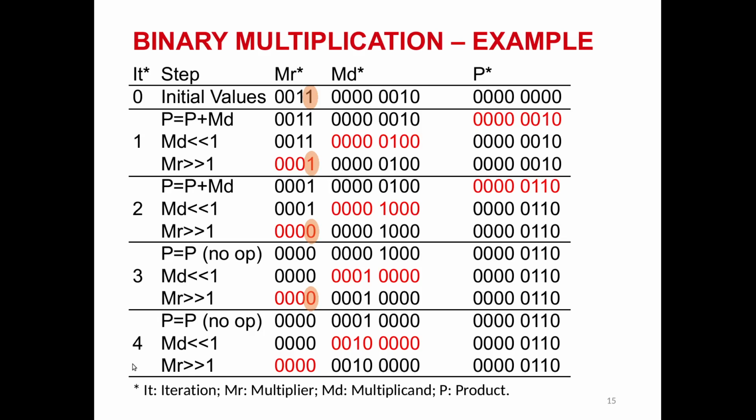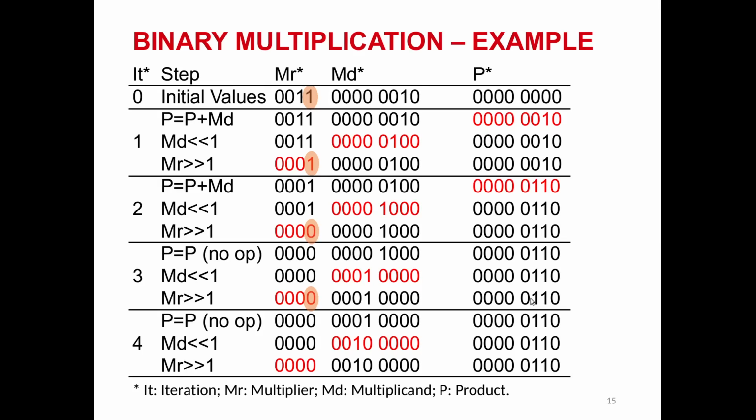And here you can see that multiplier has 4 bits, and so after 4 iterations we will stop our operation, and we can get the result of 0 0 0 0 0 1 1 0, that is value 6 in decimal.